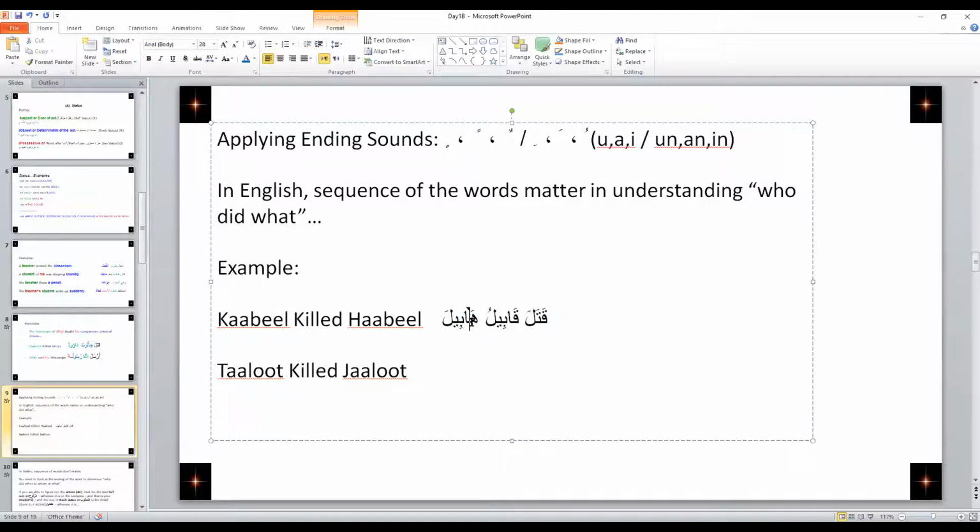This word, Habila. Now, what I was saying earlier is that this Habil can be moved even here, and the sentence still stands the same. So I will say, Qatala Habila Qabilu, and it's the same meaning. So Qatala Habila Qabilu is the same as Qatala Qabilu Habila.